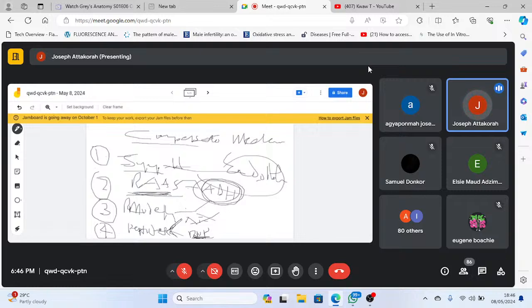What do you see here? Who can tell me something here? What do you see about the RAS and the peptides?